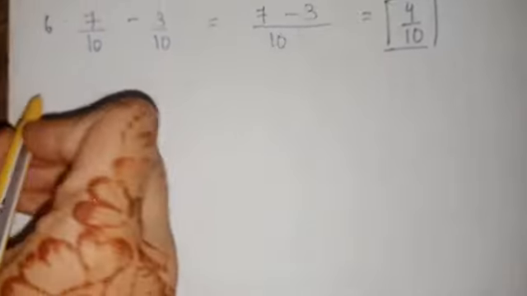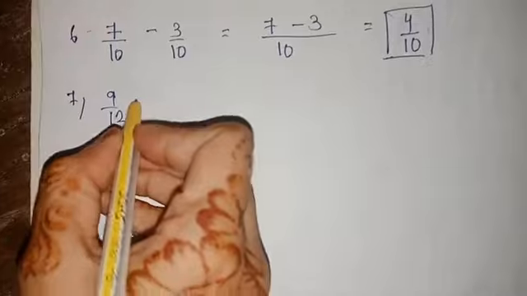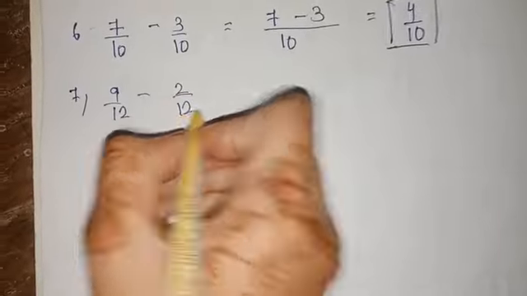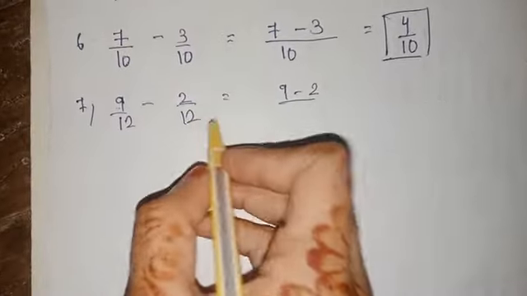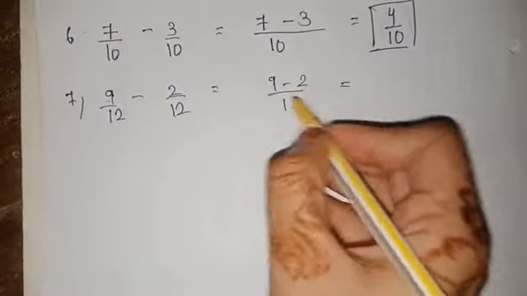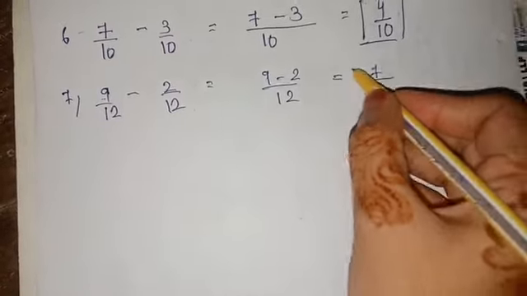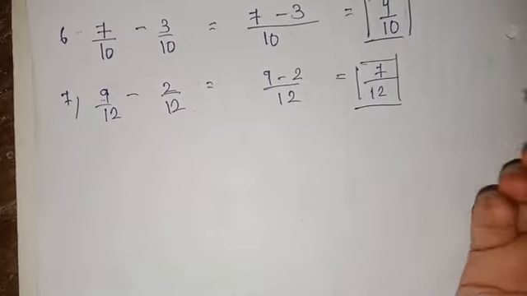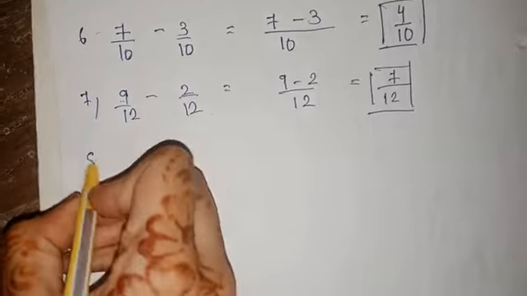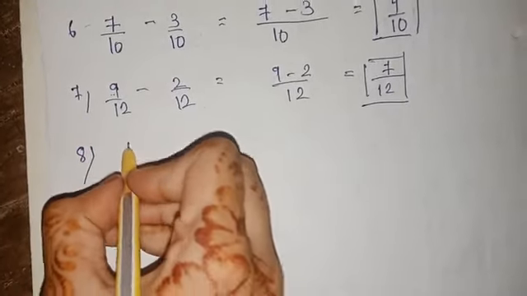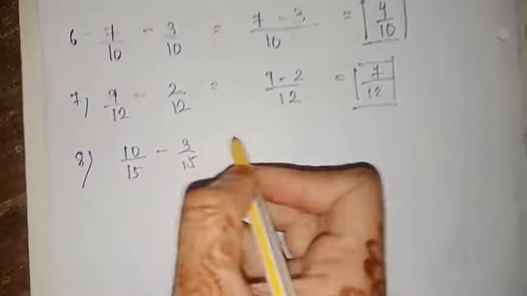Now question number 7, 9/12 minus 2/12. So 9 minus 2 and 12 will come as it is. 9 minus 2 is 7 and 12 will come as it is, so we get our fraction, that is 7/12. Done. Now the last question, question number 8, 10/15 minus 3/15.